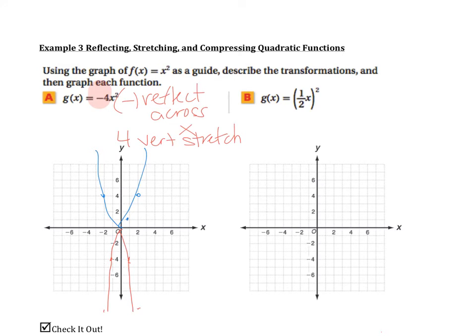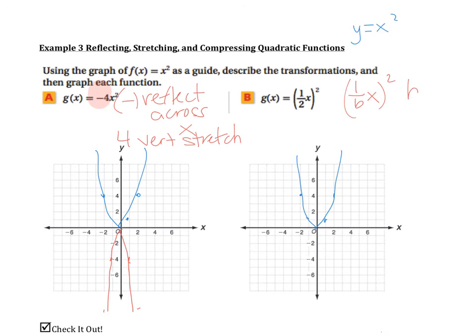In the second one, graph our parent function. Okay, remember the parent function is always y equals x squared. And then graph the transformation. So what's happening is we have 1 over b x squared.